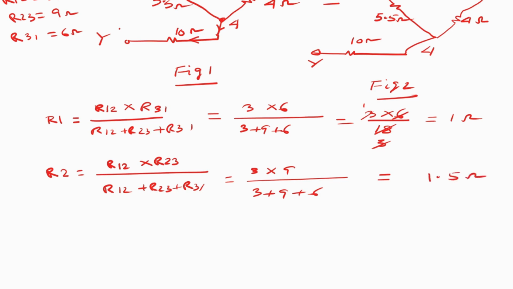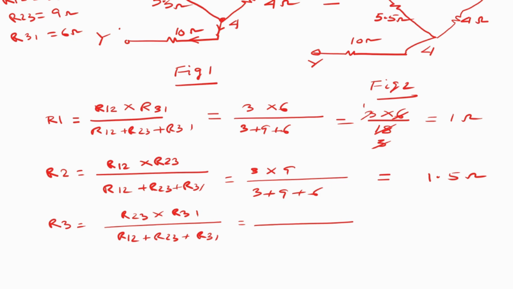Similarly, R3 equals R23 into R31 by R12 plus R23 plus R31. The denominator in both cases is the same. So here it will be 9 into 6 by 3 plus 9 plus 6.